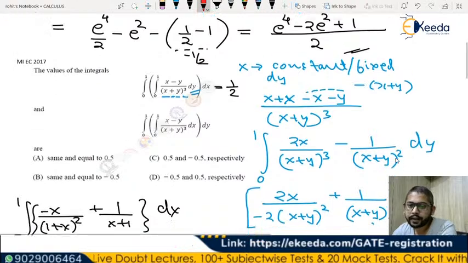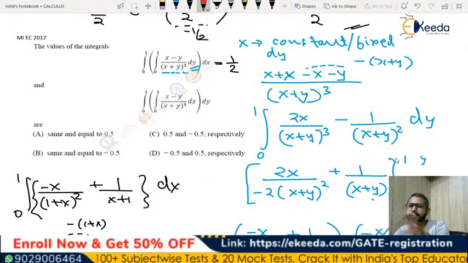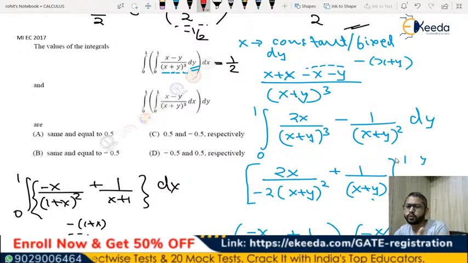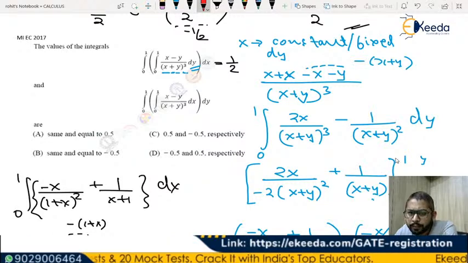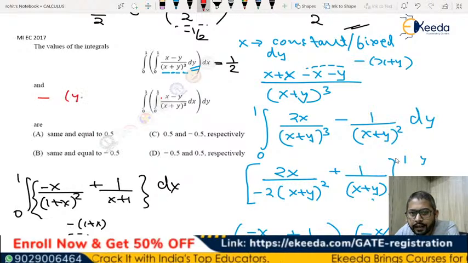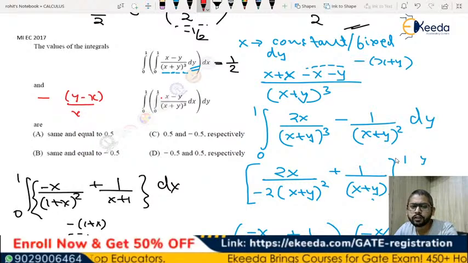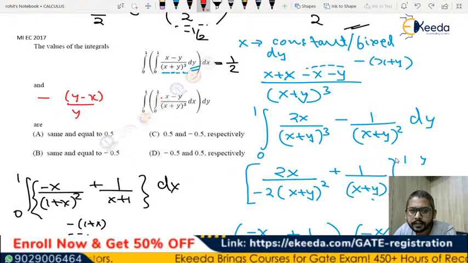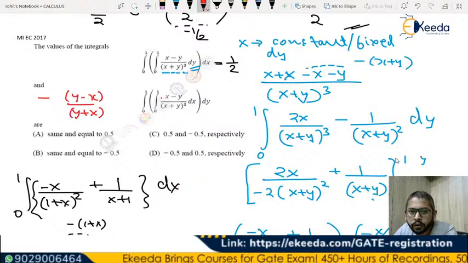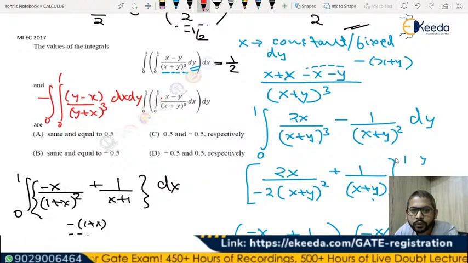The second part is x minus y by all this term. So do you see the limits of x and y are same here, 0 to 1 and 0 to 1? What if I am taking minus common from this function? This becomes minus of y minus x over y plus x whole cube, and integration dx dy, the limits are 0 to 1.